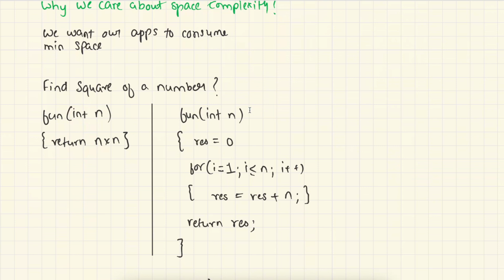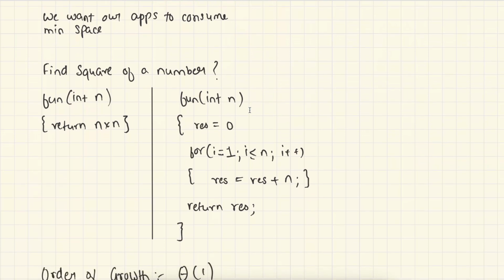So let's understand with an example. Let's say we have a program to find a square of a number, and we wrote two programs to solve this problem. This one and this one. So on the left side, you can see this program takes n as an input and simply does a constant operation. It's a mathematical operation and all the mathematical operations are done in constant time.